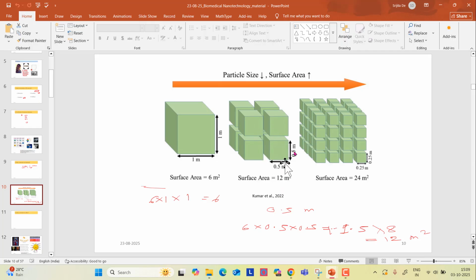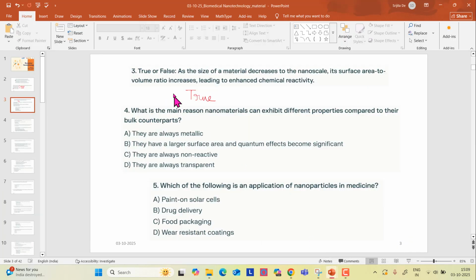When we divide it into two similar parts, the surface area increases to 12 meter square. When each cube is again divided into two parts, the surface area increases to 24 meter square. So it is almost 4 times the original one, right? So this leads to the answer that as the size of the nanomaterial decreases to the nanoscale, its surface area to volume ratio increases. So it is true.